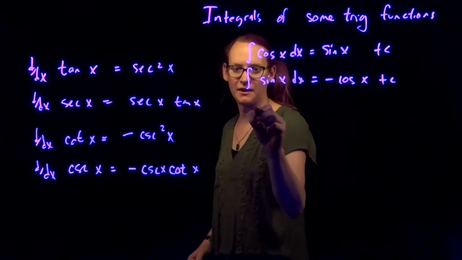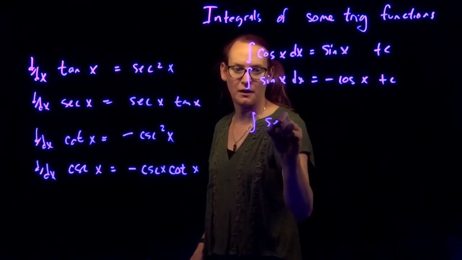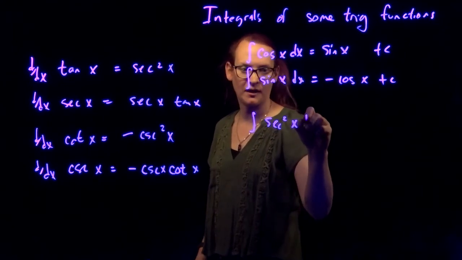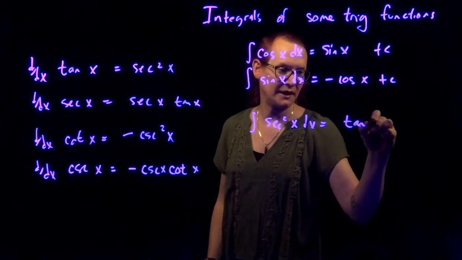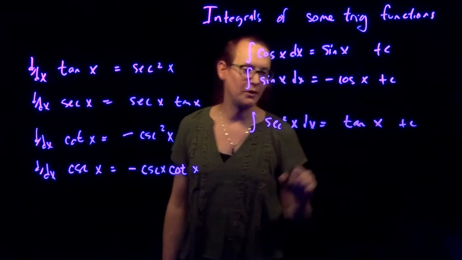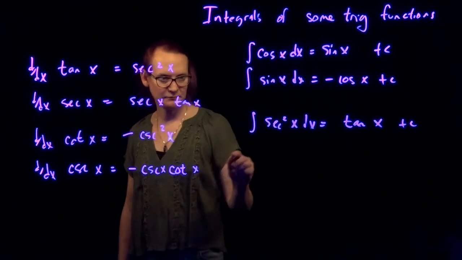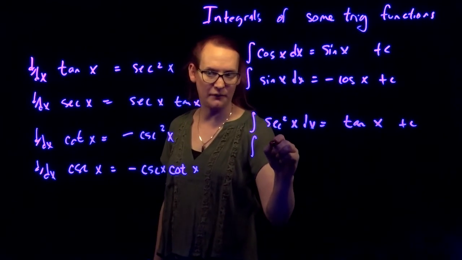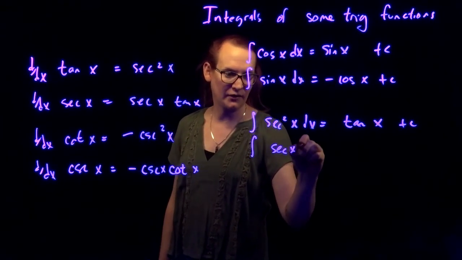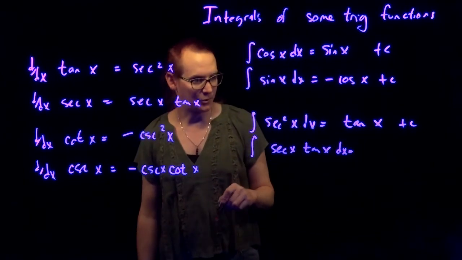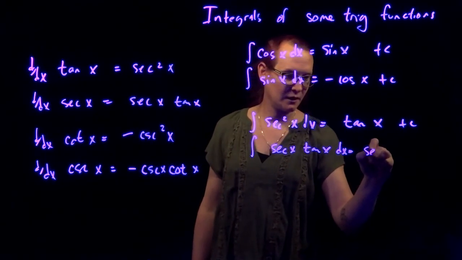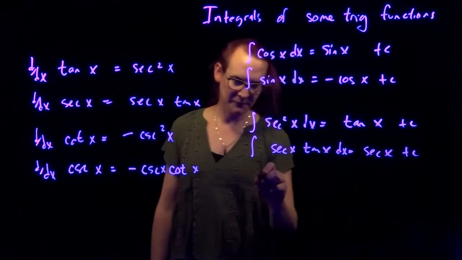This means that the integral of secant squared of x dx is equal to tangent of x plus our friend c. The integral of secant of x times tangent of x dx is equal to secant of x plus c.